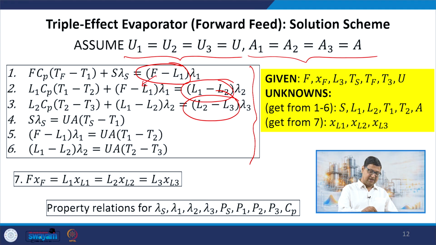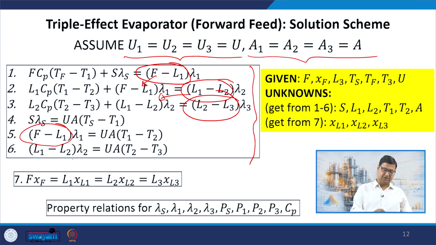The same V1 also came here, and the same V2 also came there. So we have replaced all of that, and V1 also appeared in the fifth equation, and V2 also appeared in the sixth equation. So all these places we have eliminated.